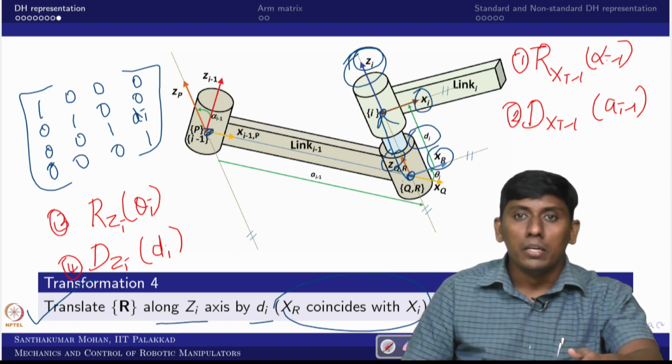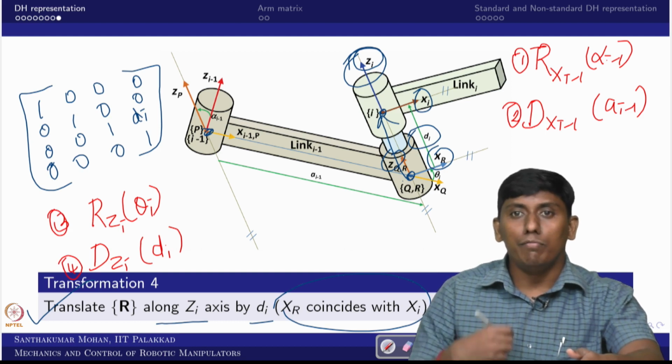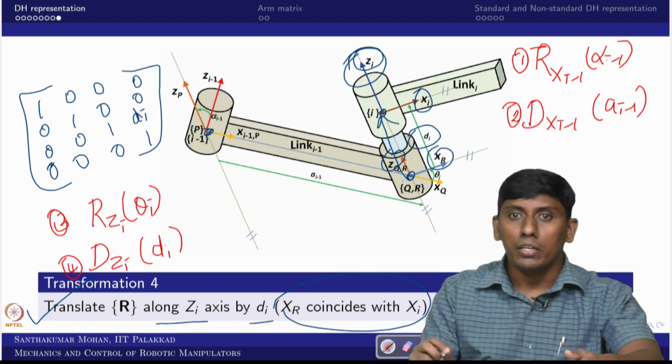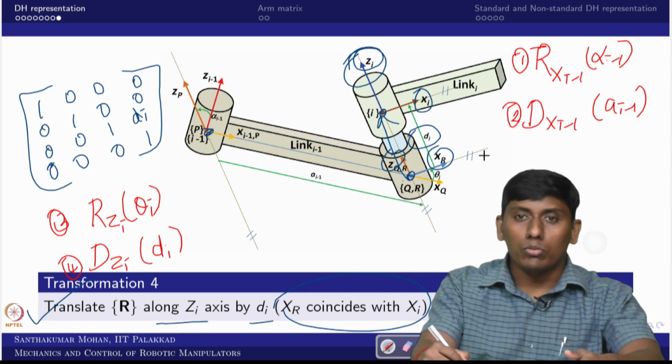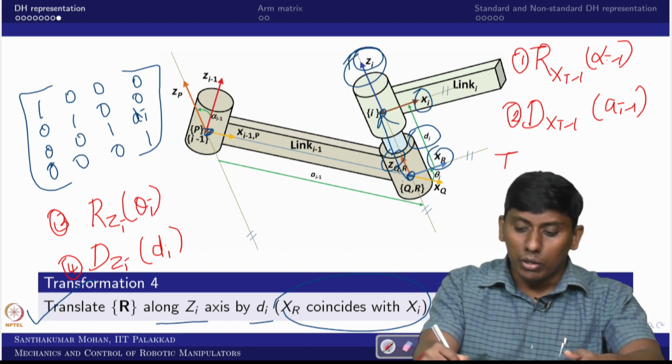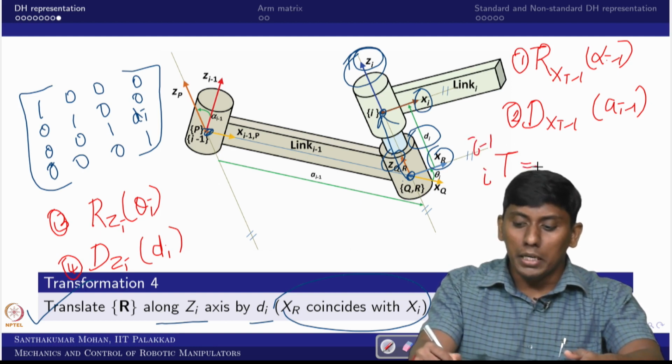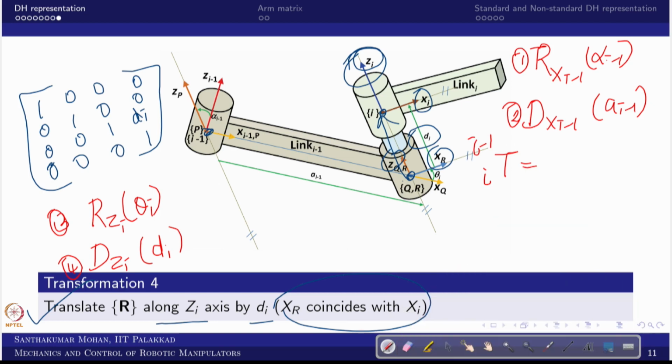But as per our convention, if we do any operation or transformation with respect to the moving frame, we have to post multiply. So the transformation matrix of i with respect to i minus 1 is the post multiplication of each operation: the first, second, third, then fourth.